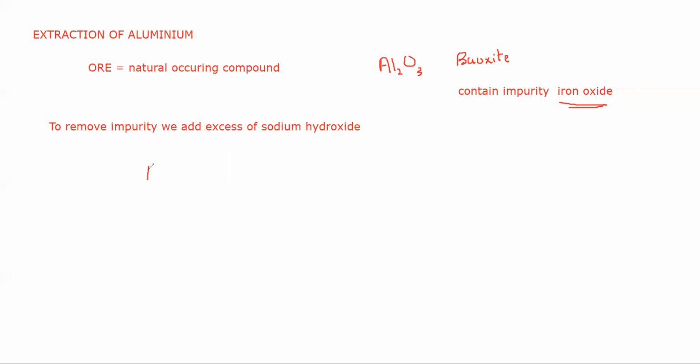So if we have aluminium oxide and we have iron oxide, what do we do? We add sodium hydroxide. If we add sodium hydroxide, first when we add a small amount, what will it form? It will form aluminium hydroxide.